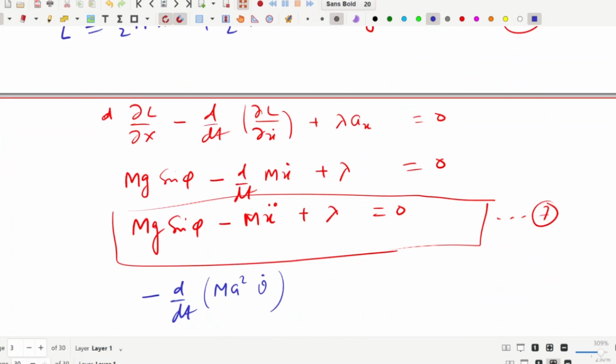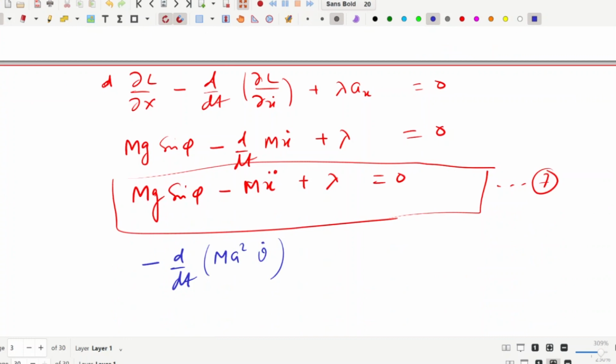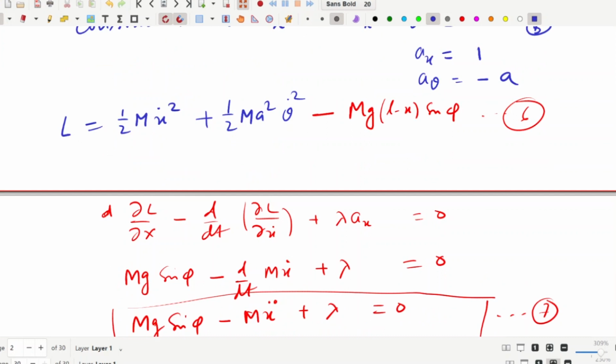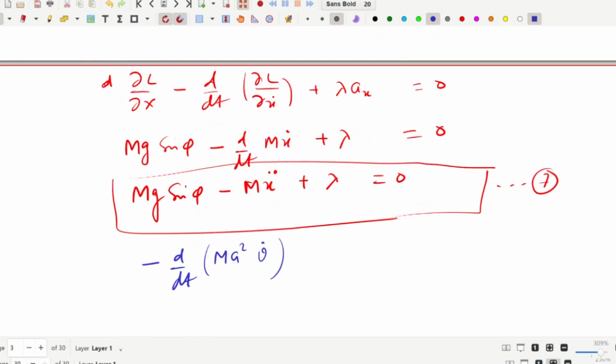And then lambda times a theta, where a theta is minus a. So, minus a lambda equal to 0. So, m a square theta double dot equals minus a lambda.